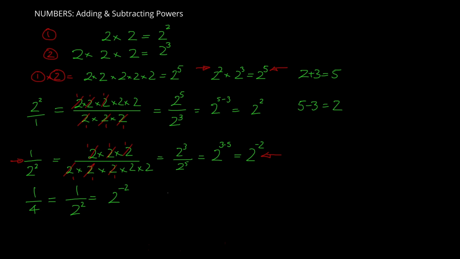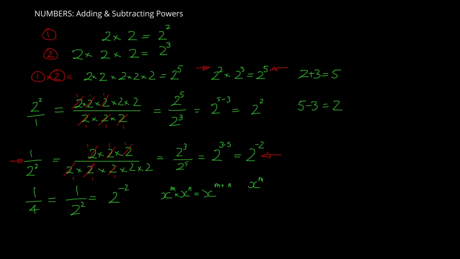So let's write out the general form of what we've discovered. I'm going to use x instead of the 2, and I'm going to use m and n for our power numbers. X to the power m multiplied by x to the power n is equal to x to the power m plus n. Okay, now let's divide those two things together.